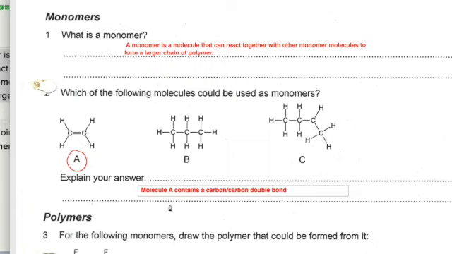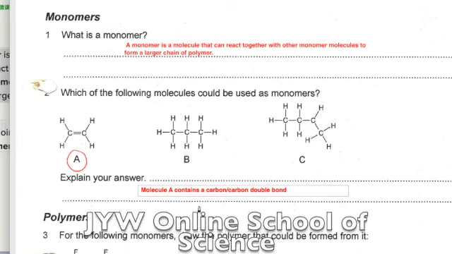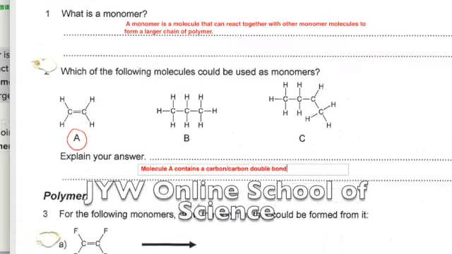You've got to have the carbon-carbon double bond to open up and join together. Yeah, molecule A contains a carbon-carbon double bond.